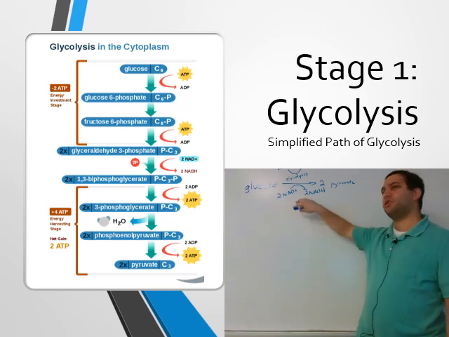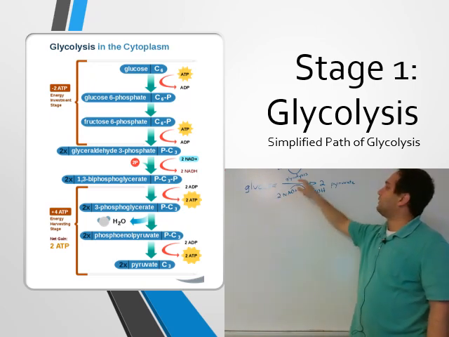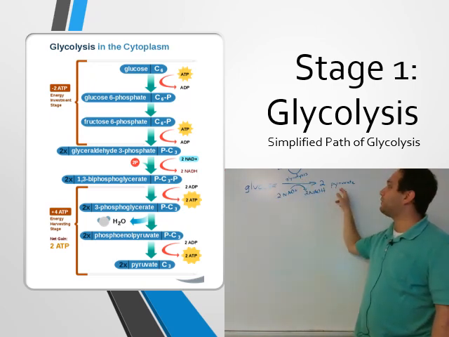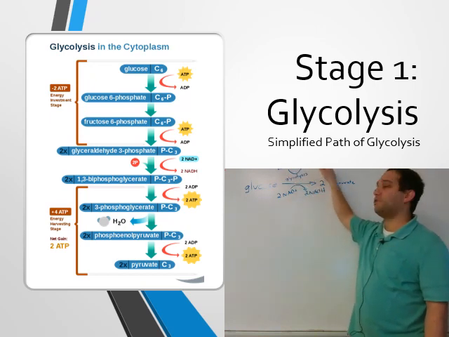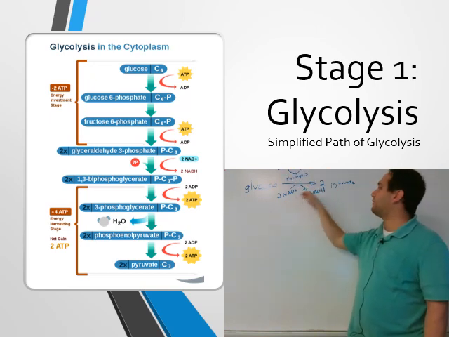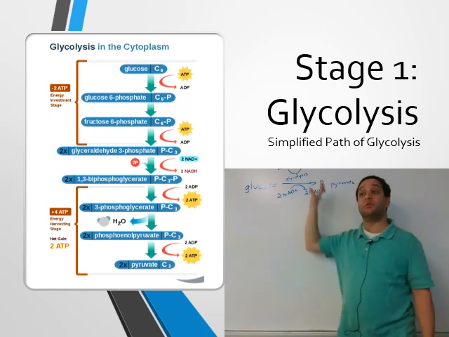Say that glucose is broken down through the process of glycolysis into 2 pyruvate. In the process, it converts 2 ADP to 2 ATP and 2 NAD plus to 2 NADH. So if you can draw it, it's much easier to explain.